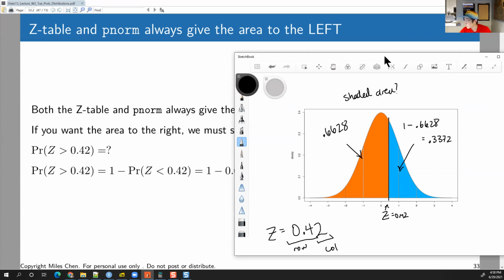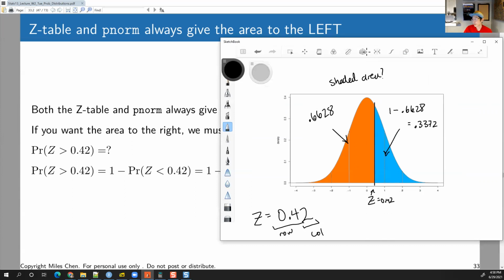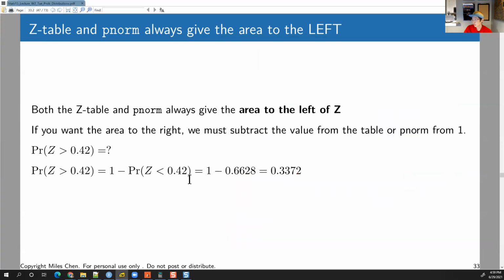And there you go. So the probability of being greater than 0.42 is 1 minus the probability of being less than 0.42. Okay. So far, so good.